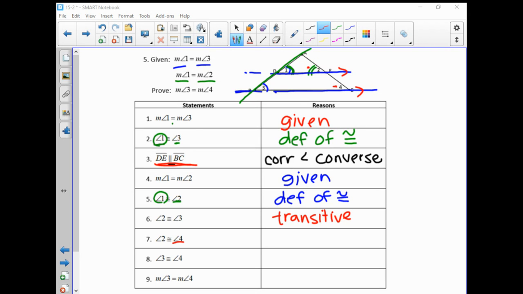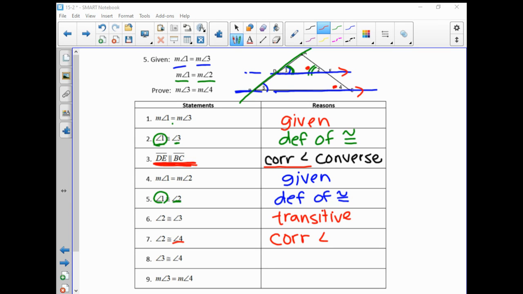So we can use any of our parallel line theorems to prove stuff about those angles. So notice what kind of angles are angles 2 and 4? Well, they as well are corresponding angles. It's not the converse this time. It's just the corresponding angle theorem that says if you've got parallel lines, which we knew from step 3 up here, then the corresponding angles are congruent.